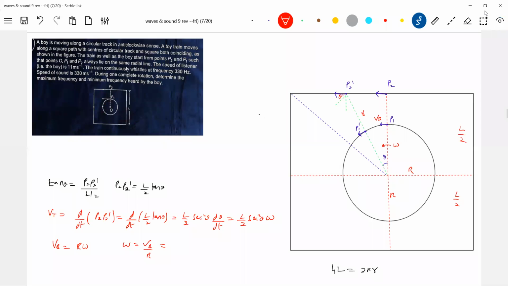Let me write here. Otherwise not possible. Whatever we do, it is highly impossible. Okay, I think we have brought it till here. So omega is equal to VB by R. What is the speed of the person?